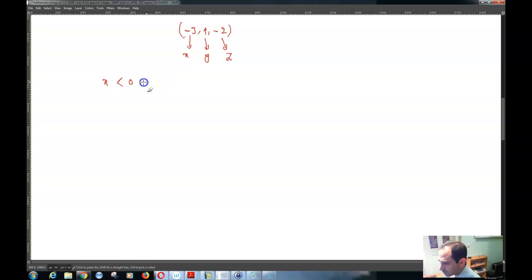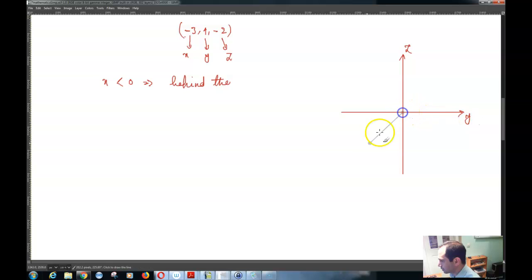What that means is that if this is the z-axis, this is the y-axis, and this is the x-axis, then if your x is negative, you're behind the yz plane.